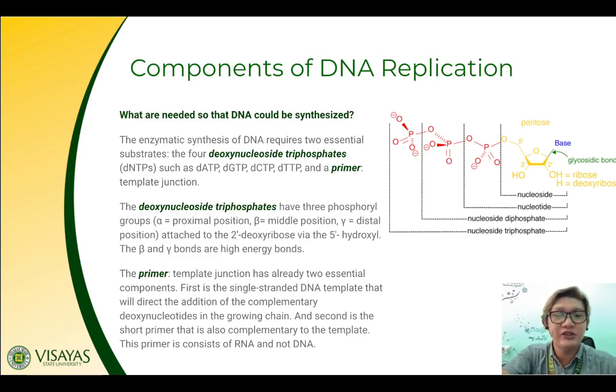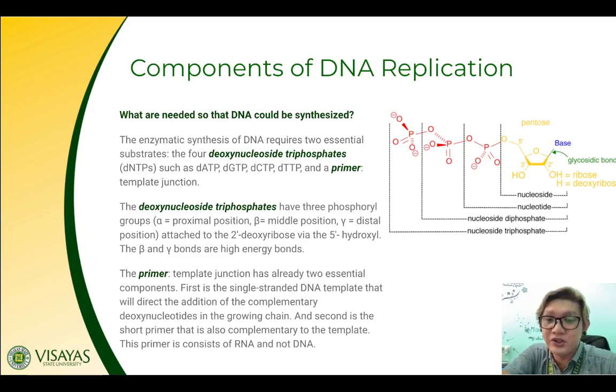In a strand of DNA, the 5' refers to the free 5' carbon at one end of the DNA strand, and the 3' means there is a free unbound carbon at the other end of the DNA strand. The beta and the gamma bonds are high energy. So this is alpha, beta, and gamma. These are high energy bonds.